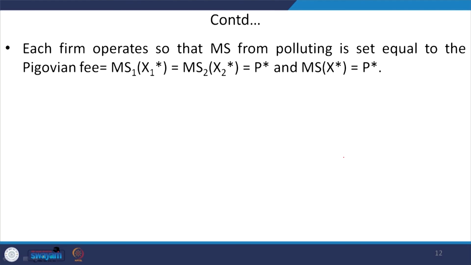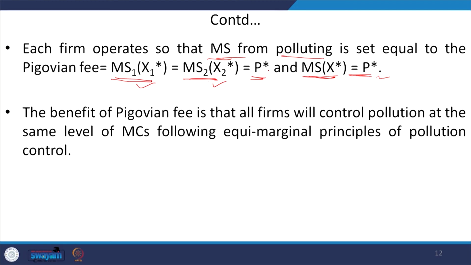So, now what we are saying is that each farm will be operating in such a way that the marginal saving from polluting will be equivalent to the Pigovian fee. What we are saying is, this marginal saving is equivalent to your pollution fee, that is the Pigovian fee here, and moreover the individual marginal saving functions would be equivalent to each other. So, the marginal saving of the first farm will be equivalent to the marginal saving of the second farm, which will be equivalent to the pollution tax itself, right.